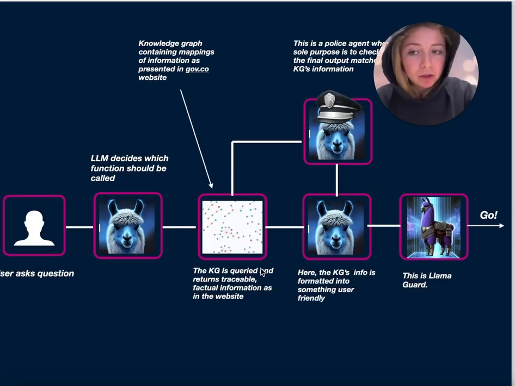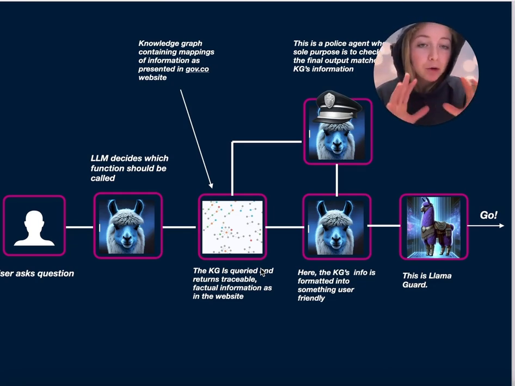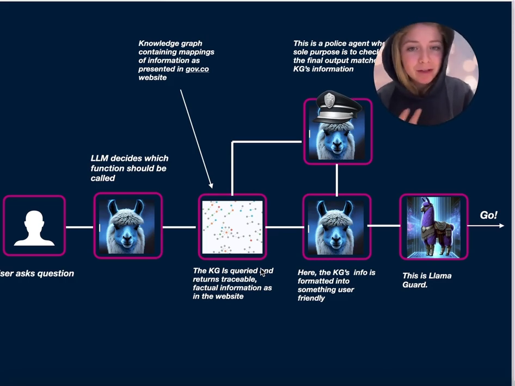So my solution, GovAssist, has this set up. The user asks a question. The LLM then decides, how do I get that question into the knowledge graph? Now, this isn't a space where the LLM can do that much hallucinating because it has a very simple job, which is to take a sentence and put it into a function with parameters. The knowledge graph is then in charge of giving the very important information, which is about the benefits and so on.